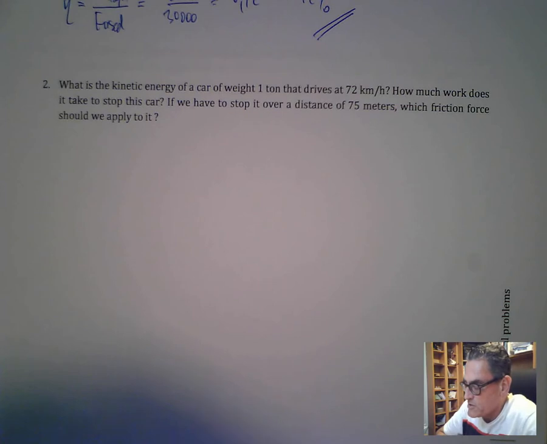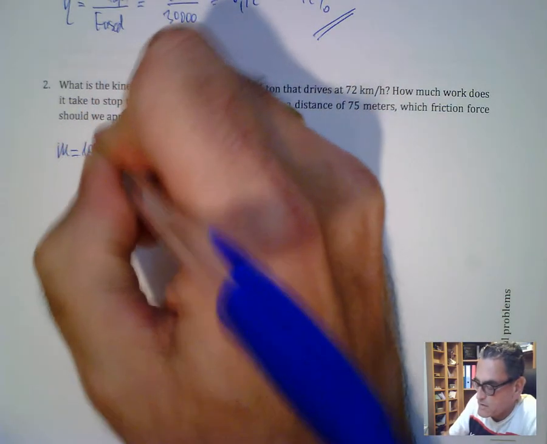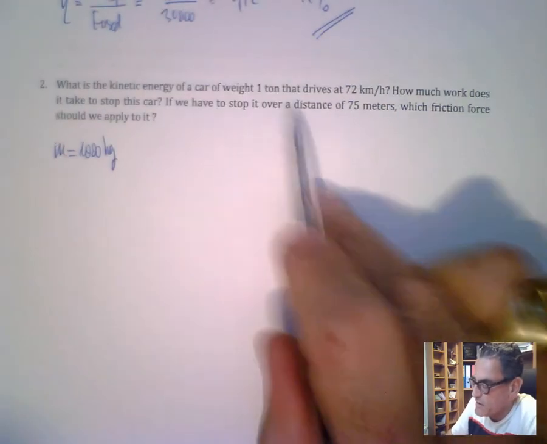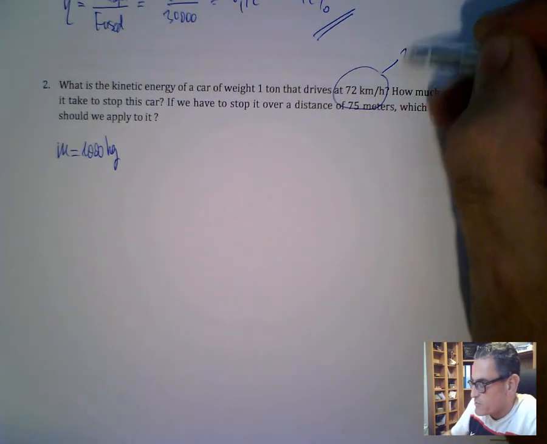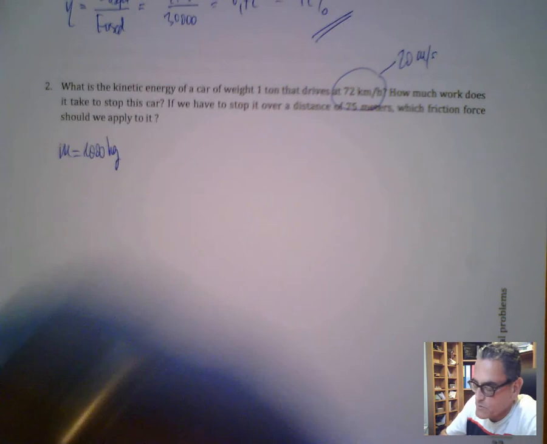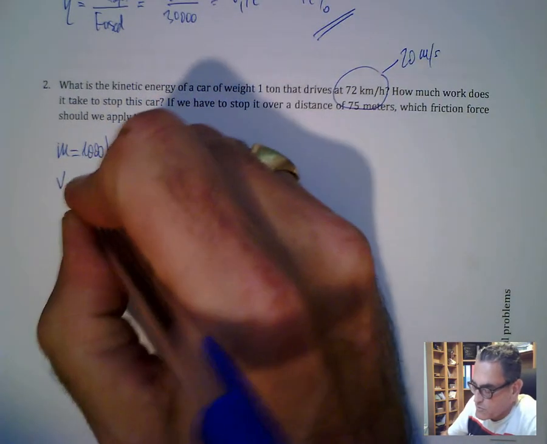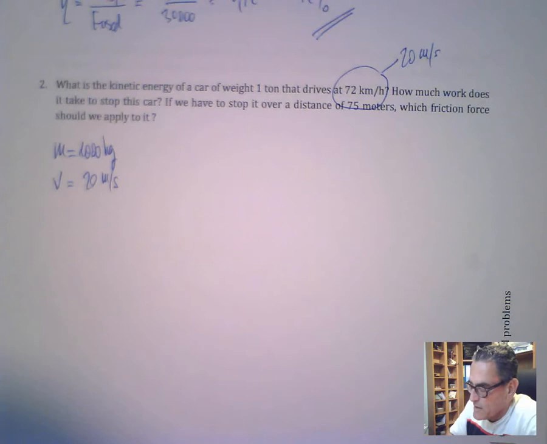What is the kinetic energy of a car of weight 1 ton? So the mass is 1000 kilograms, that drives at 72 kilometers per hour. 72 kilometers per hour is 20 meters per second, so the velocity is 20 meters per second.